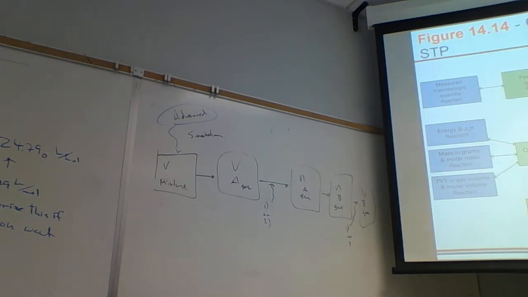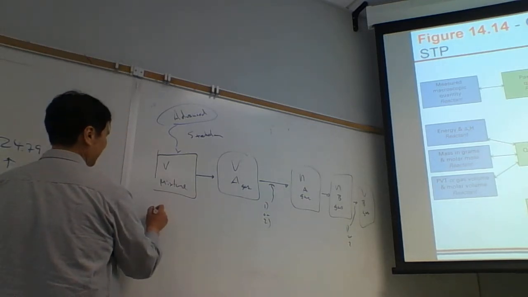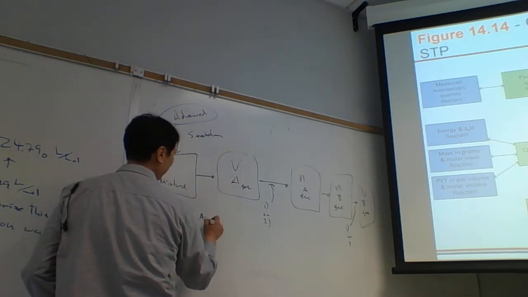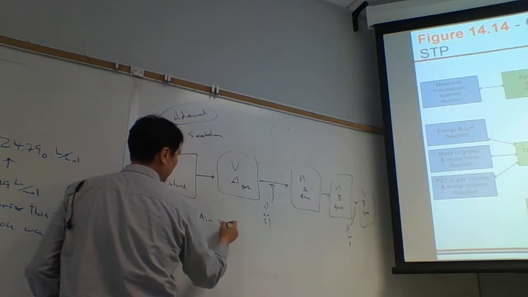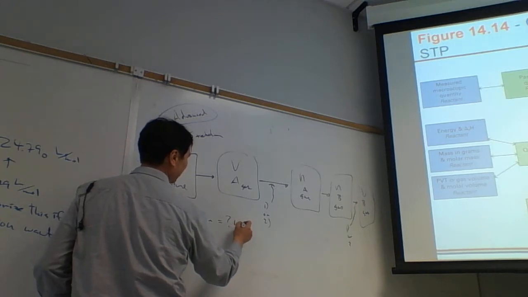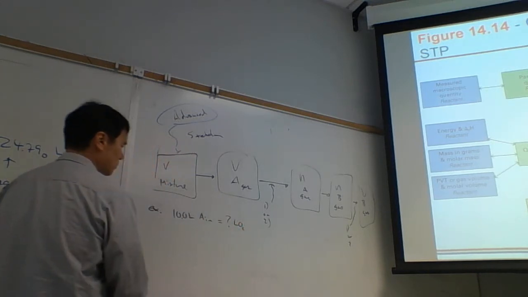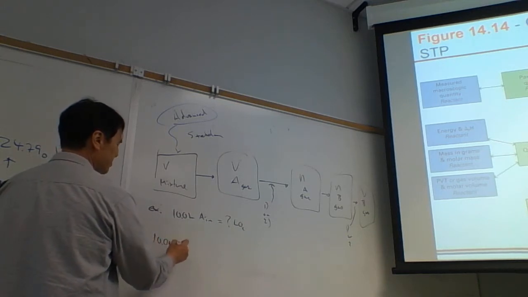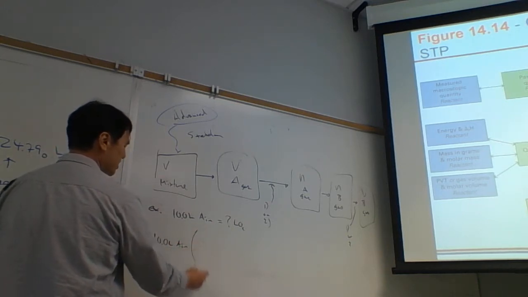An example would be something like this. 10.0 liters of air equals how many liters of oxygen? So this is an extra step here. If I have 10.0 liters of air, I need to know the percentage.